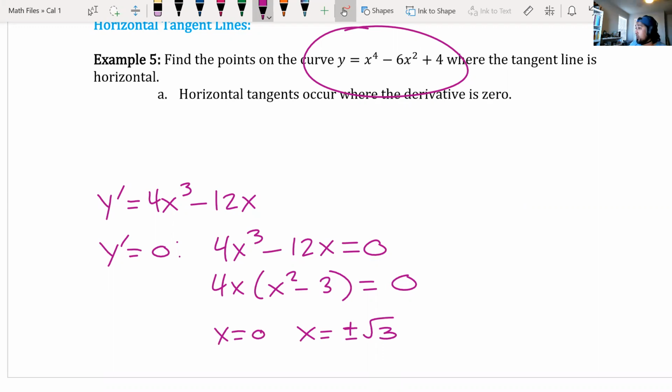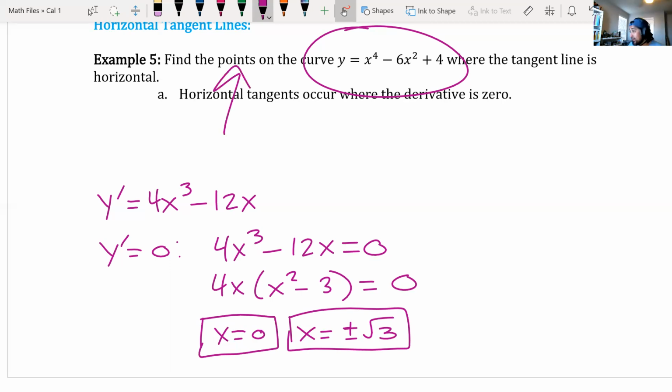So when x is 0 and when x is the positive or negative square root of 3, we are going to have a horizontal tangent line whose slope is what? 0, right?